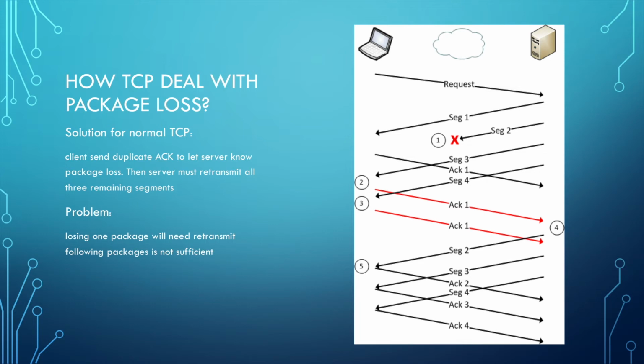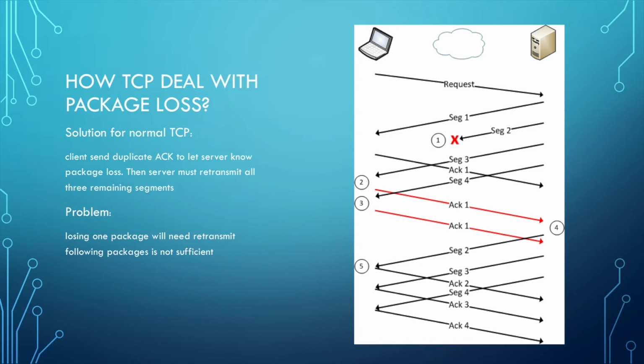We can see on the right side of the picture that the first segment is sent from the server to the client, and then the server sends the second segment. When the client gets the first segment, it will respond with an ACK. If there's some networking problem and segment 2 is lost, then segment 3 is sent to the client.